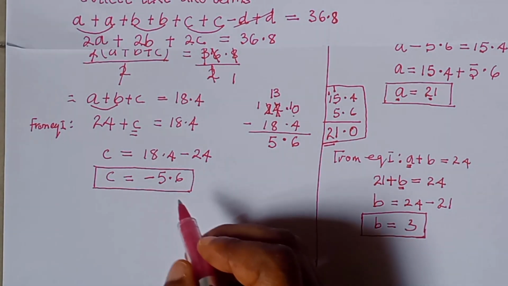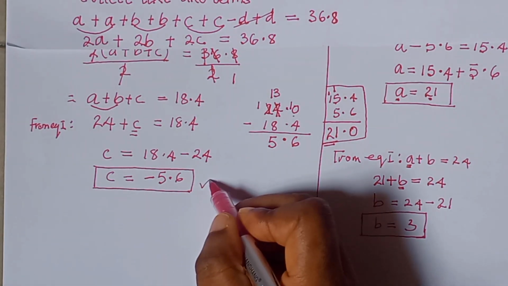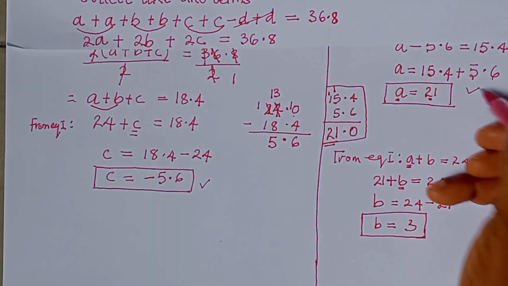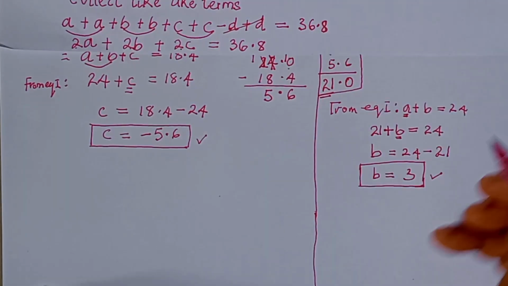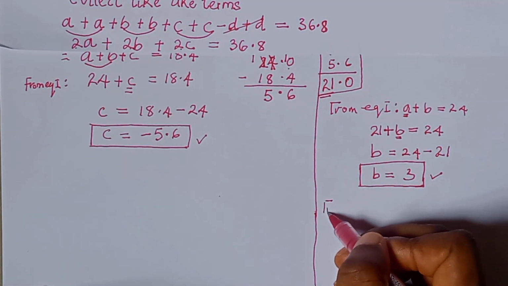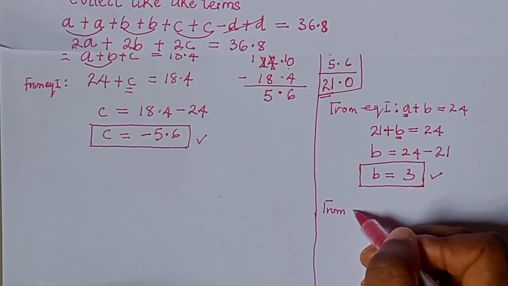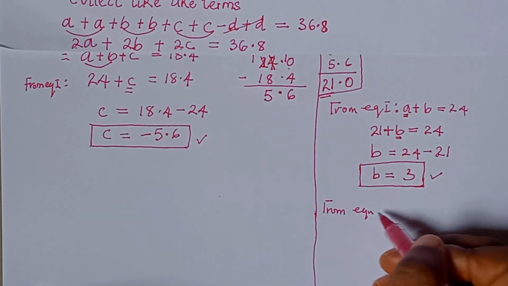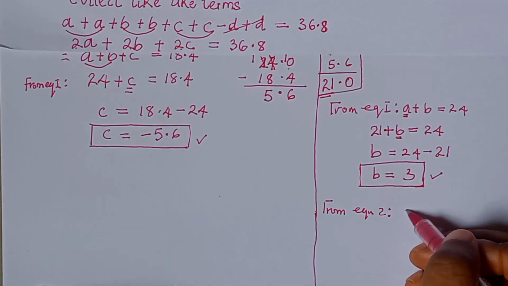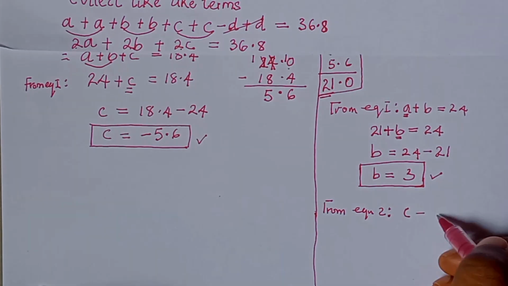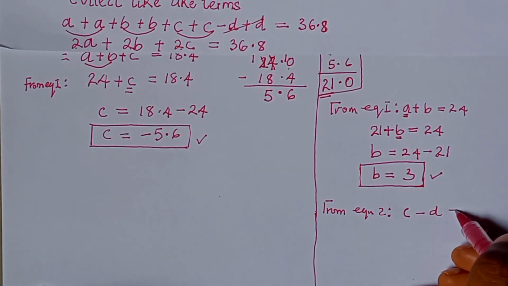Okay, we've found our C, we have found our A, we have found our B. So we're left to find our D. So if you go to your equation 2, equation 2 is C minus D equals 6.